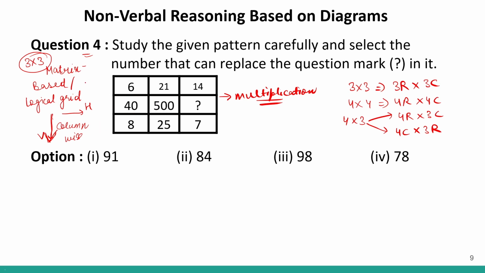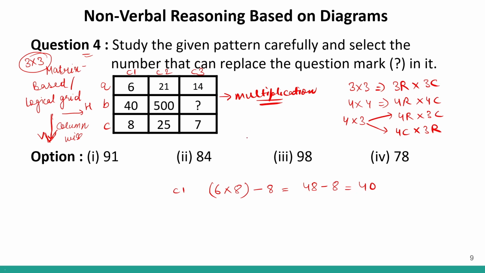Let me call them A, B and C. If I look at column number 1, I can see that if I multiply 6 and 8 together, and I subtract 8 from it, I'll get 48 minus 8, which will be equal to 40. Correct? This is for column number 1.